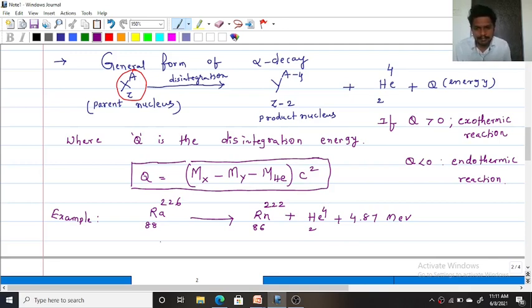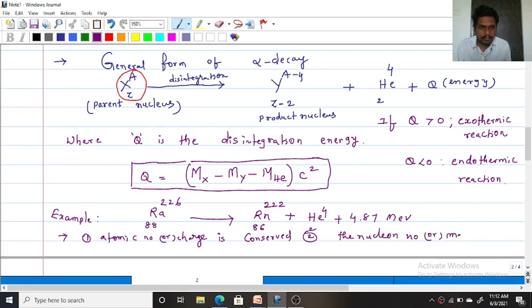In any decay process, alpha, beta or gamma decay, the proton number or atomic number, or charge, is conserved. The second one, the nucleon number or mass number, is conserved.